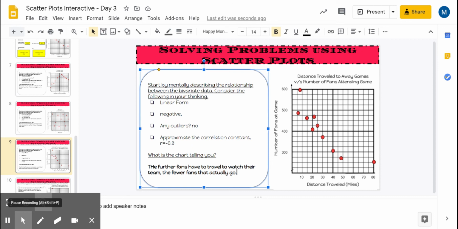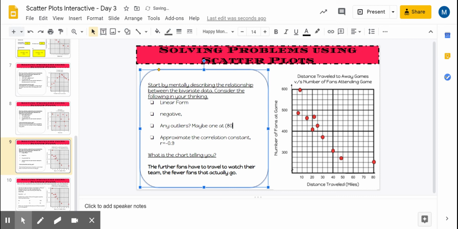Okay, so it looked linear to me. It looks negative to me. I didn't see any outliers. Well, maybe there is one outlier. Maybe this fan that traveled 80 miles. So maybe one at 80 miles.